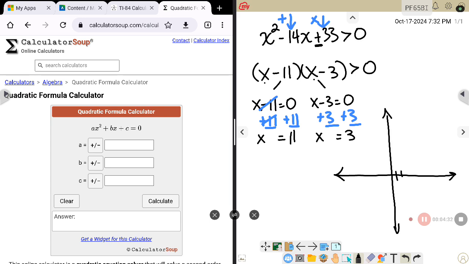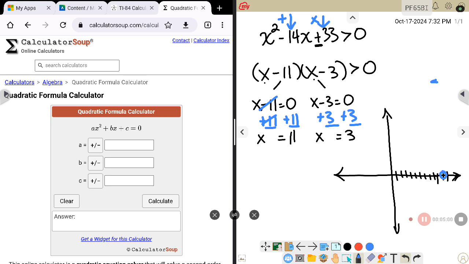So 1, 2, 3, 4, 5, 6, 7, 8, 9, 10, 11. So there's 1 at 11.